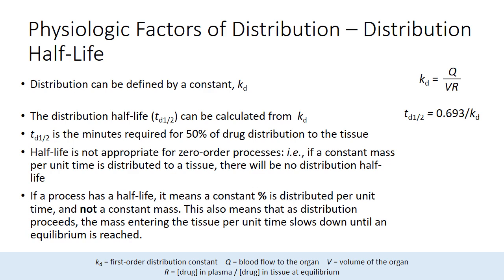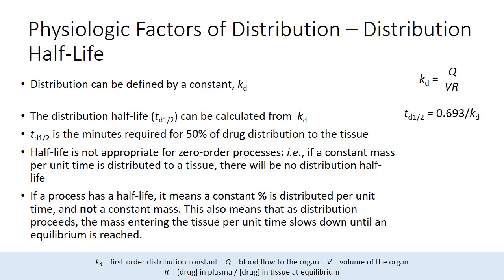One of the things I want to emphasize is half-life is never appropriate for a zero-order process. That means if a constant mass per unit time is distributed to that tissue, there's no such thing as a half-life. It's actually undefined, or it's impossible to determine, because half-life by definition has to go through a first-order process.